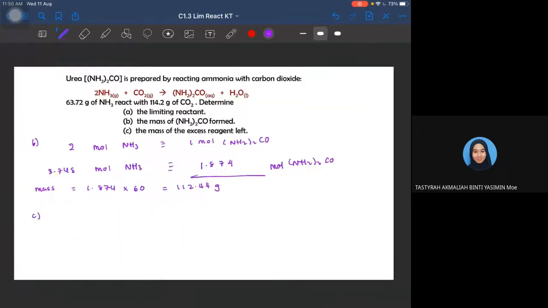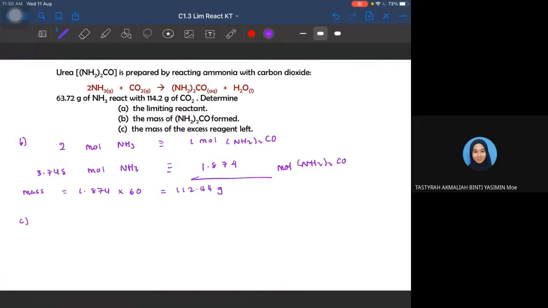Alright, so from the answer above, we can compare and we can just subtract. So the number of mole, okay, so we want to find the number of excess reactant, or CO2.